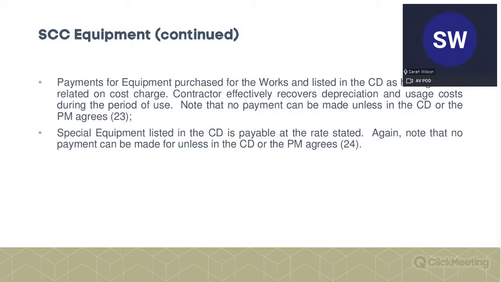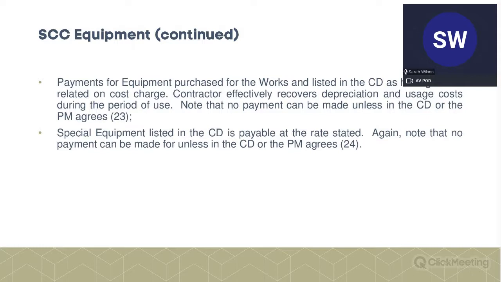Effectively, the contractor is paid 500 because that's what it has lost in value. Obviously it's up to the contractor whether it does sell it or not, because it might want to keep the equipment, but equally, the employer hasn't overpaid for it.